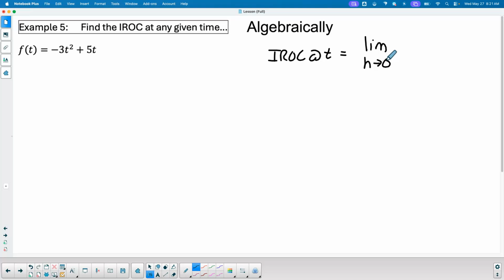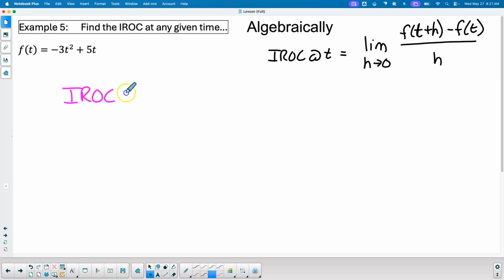Okay? So my function here is going to be f of t plus h minus f of t all over h. Same function, but now instead of a number for t, you're going to have t for t.